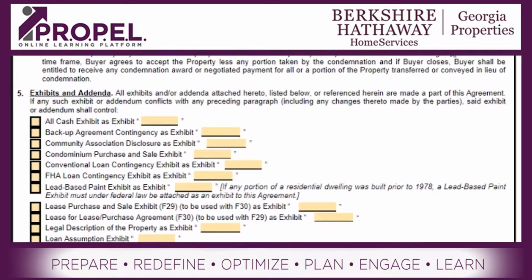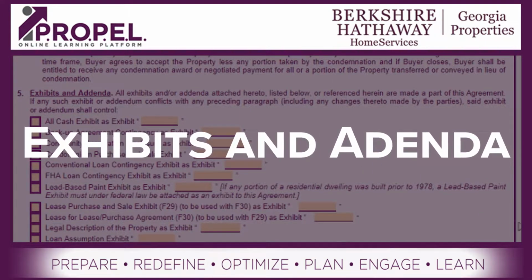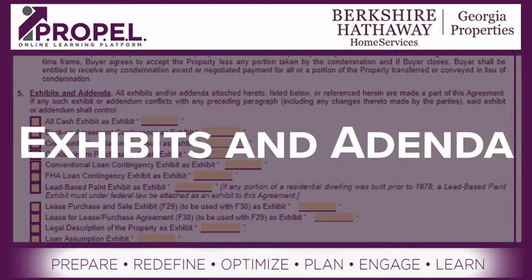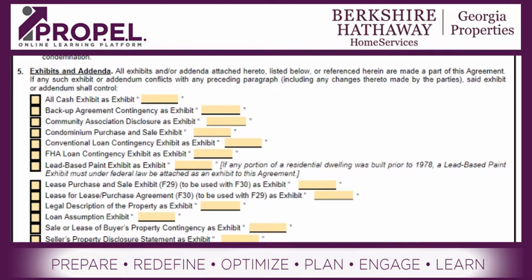Your next section that you're going to fill out is basically your exhibits and addenda. Basically, this section is the parts where you're adding exhibits, your conventional loan financing, your seller's disclosure statement, your community association disclosure, any other forms that you're attaching to your agreement, you're going to list here.